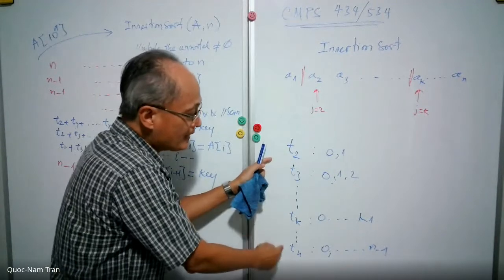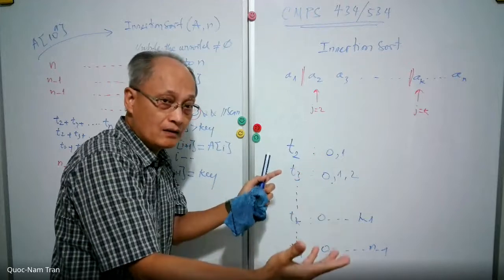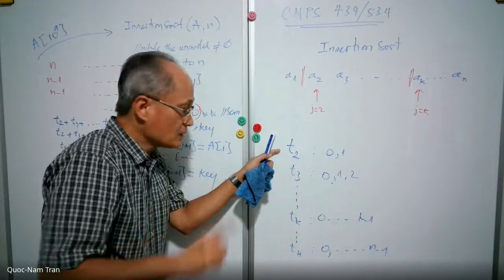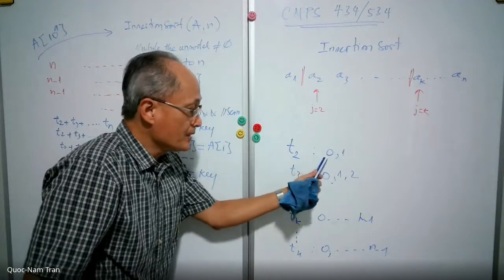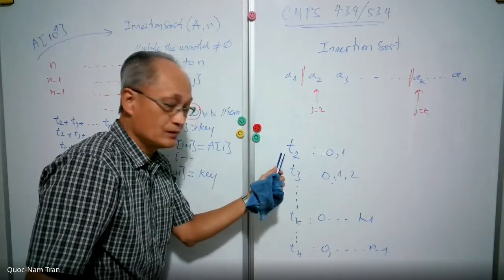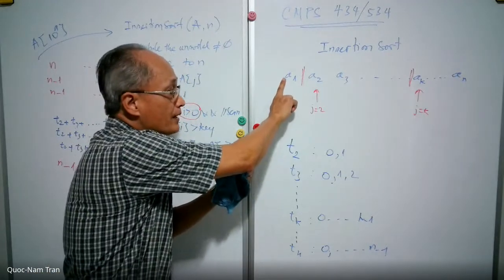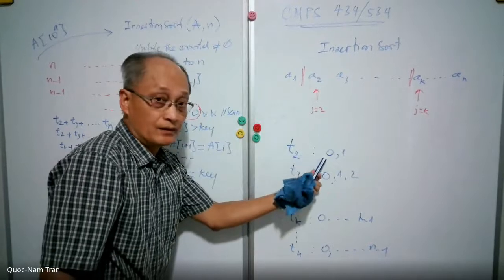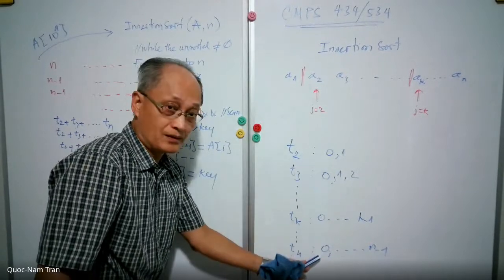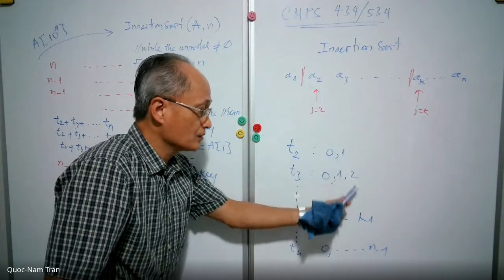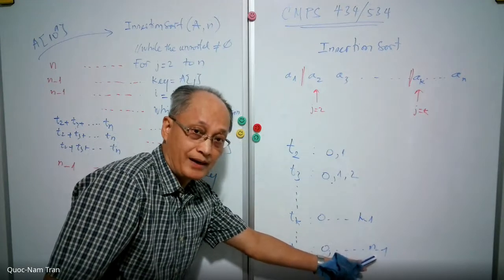So you can see that we cannot know the value of T2, but at least we know the minimum value of T2, the minimum number of values we have to move: 0. What is the maximum number? 1, 2, up to n minus 1, right?